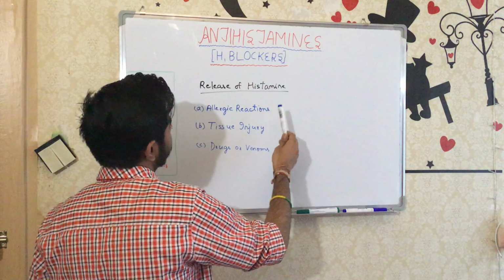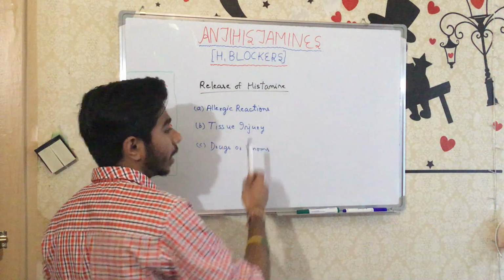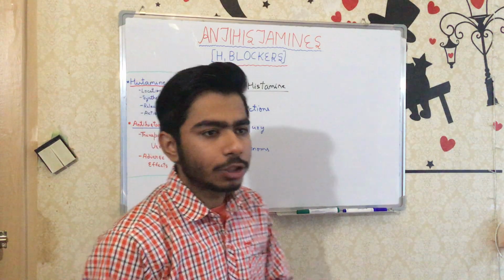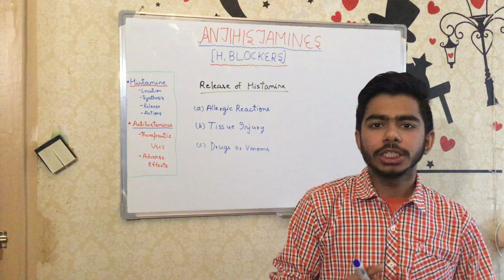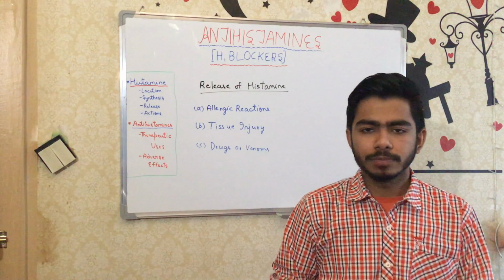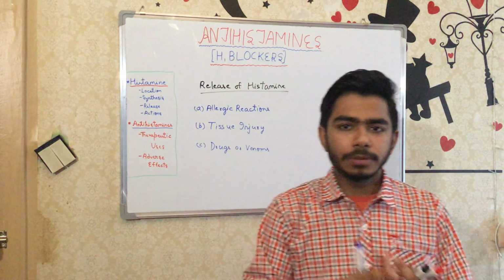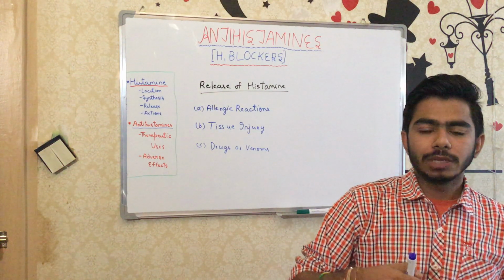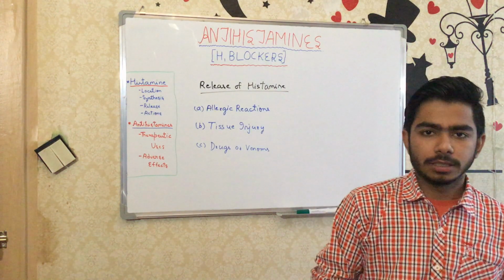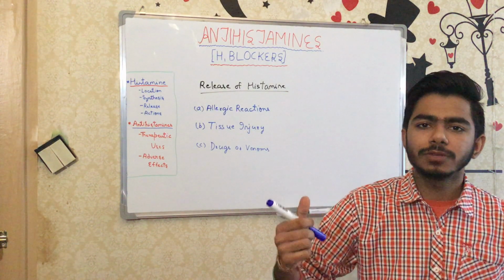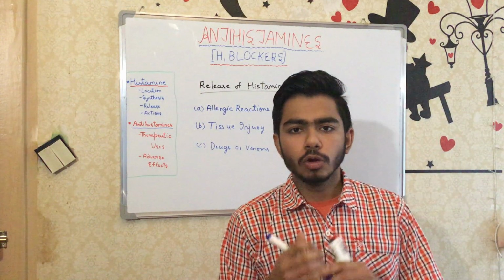What is the mechanism of histamine release in allergic reactions? If any antigen comes into our body, it will activate the T helper cells, as you may remember from immunology. They will activate the B cells, and B cells will further activate the plasmacytes or plasma cells, which will produce immunoglobulins.